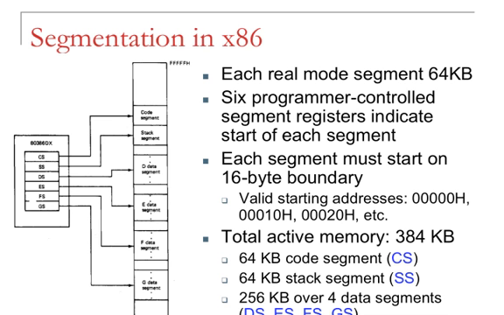Those are the valid starting addresses. Later, when we look at the address translation, we will understand this means the same thing. We have 0 as the offset of the starting address.